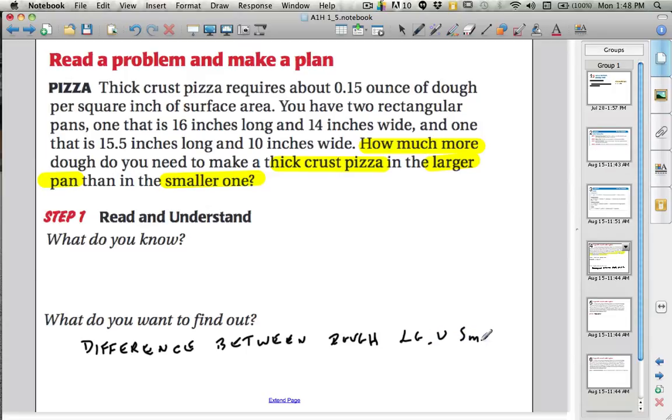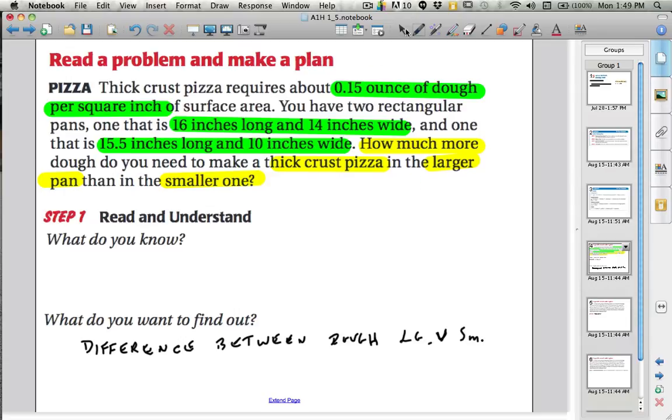Large versus small. Sorry, I'm going to abbreviate. What do I know? Let's go back and look at what we know. We know 0.15 ounces of dough per square inch of surface area. So if I know the surface area of the two pans, then I'm okay. I know that here I've got 16 inches by 14 inches, and here I have 15.5 inches by 10 inches. Okay, great.